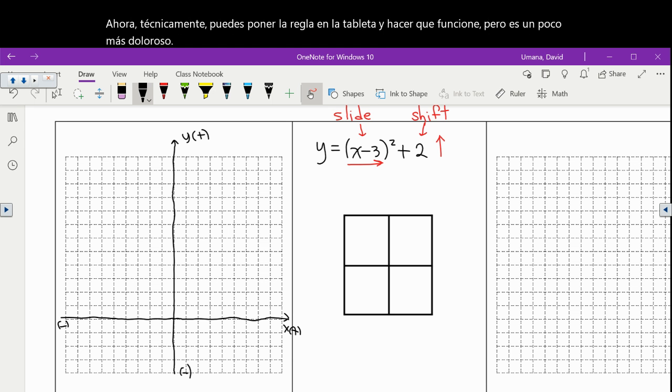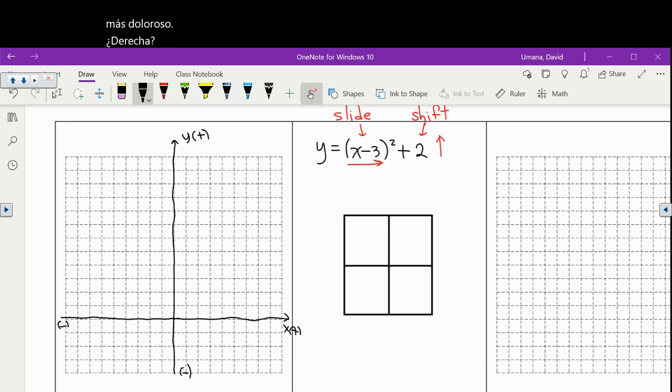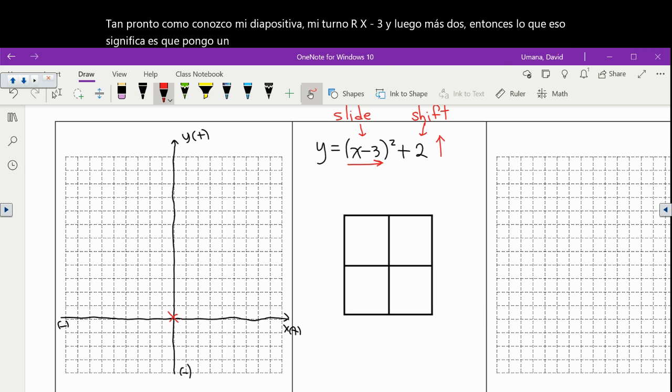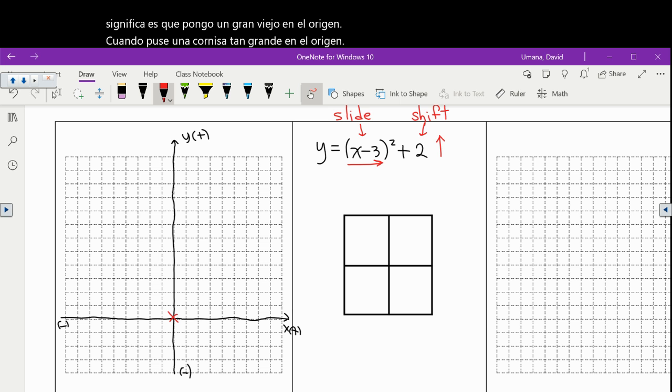All right. As soon as I know my slide and my shift are x minus 3 and then plus 2, then what that means is I put a big old X at the origin. When I put that big old X on the origin, then I follow my instructions with the arrows for my slide. And that meant 1, 2, 3, and then up 2.